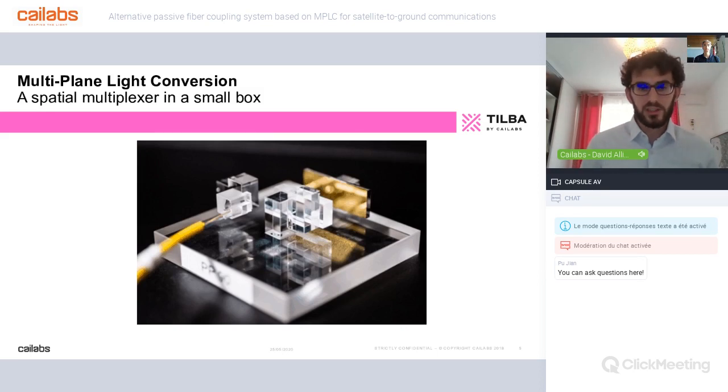For example, we have a project with Safran Electrical and Power, where the goal is to put MPLC inside airplanes. For this project, we developed MPLCs that are very small, the size of a 2-euro coin, and that are compatible with temperature, pressure, vibration, and shocks inside an airplane. So it's a component that is relatively robust.